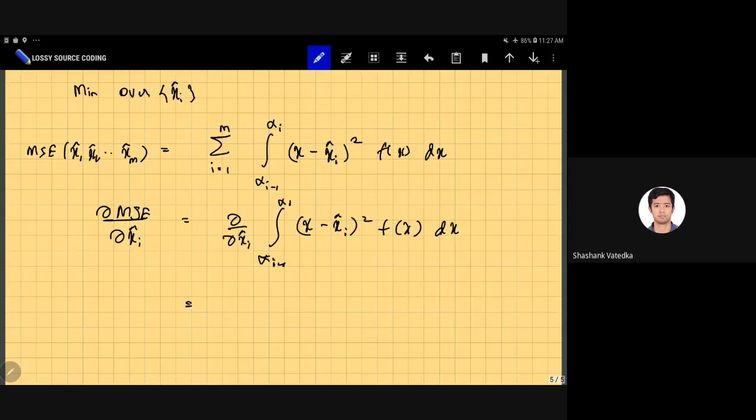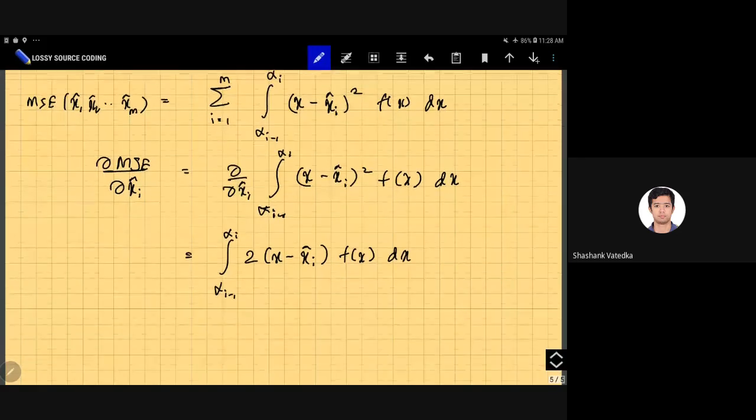If I interchange the integral and the partial derivative, I get the integral from alpha i minus 1 to alpha i of the partial derivative of x minus xi hat the whole square with respect to xi hat, which is 2 times x minus xi hat, f of x dx.